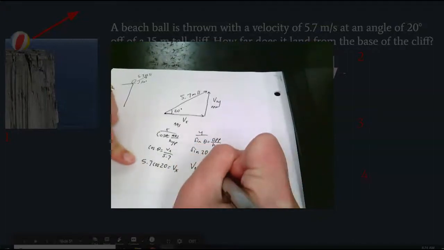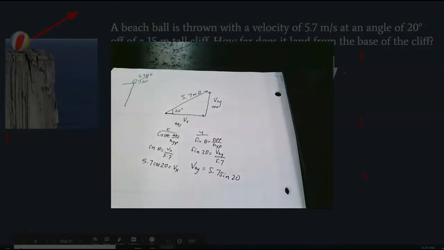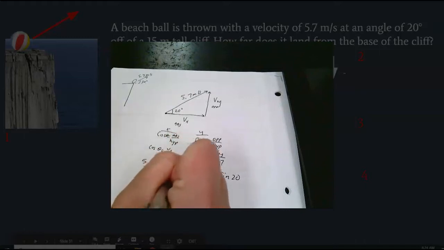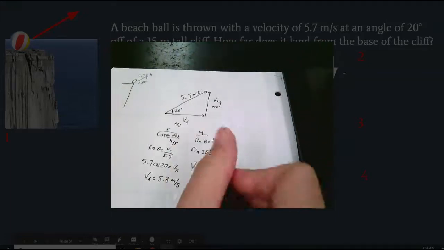Do some math, and my initial y velocity is 5.7 sine of 20. So if I plug those in, making sure my calculator is in degree mode, I get a value of 5.3 meters per second, maybe 5.4 if I'm rounding correctly, and 1.95.